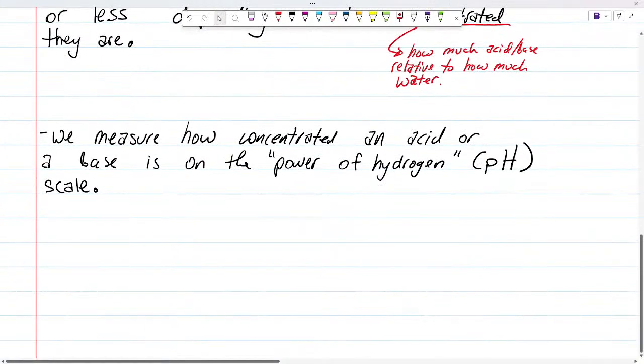Which means that neutral water has about 1 part in, get ready for this, don't write this. Well, you know what, actually you can maybe.